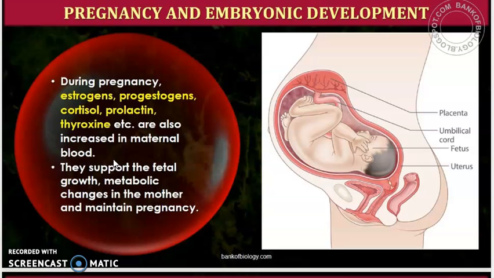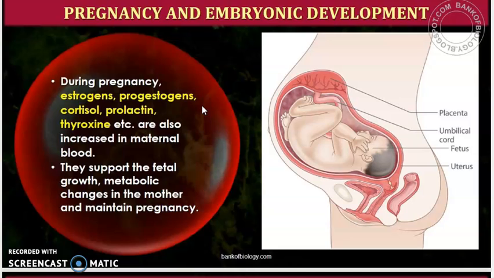The increased production of these hormones is essential for supporting fetal growth. It is needed for the support of fetal growth, for metabolic changes in the mother, and to maintain pregnancy. Okay, you know that progesterone is the one which helps in holding the endometrium layer, right?